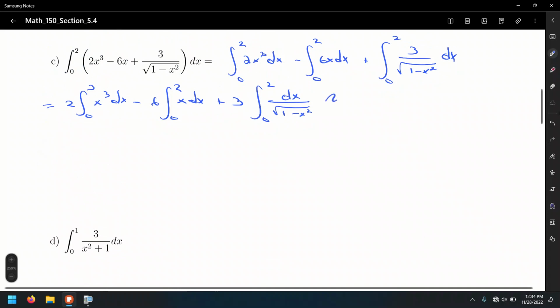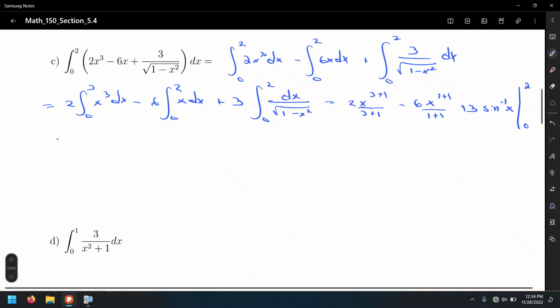All right, so that's going to be 2 times x to the 3 plus 1 over 3 plus 1 minus 6 times x to the 1 plus 1 over 1 plus 1 plus 3 times sine inverse of x, the whole thing. We recall from the fundamental theorem of calculus, once we get to the antiderivative, we write a vertical bar, lower limit, upper limit.